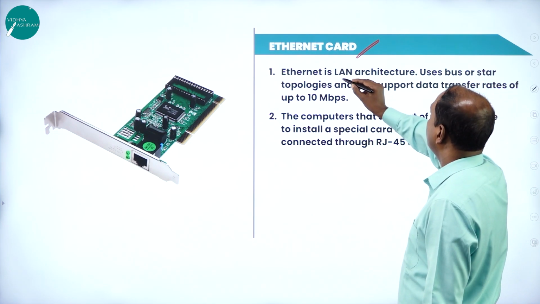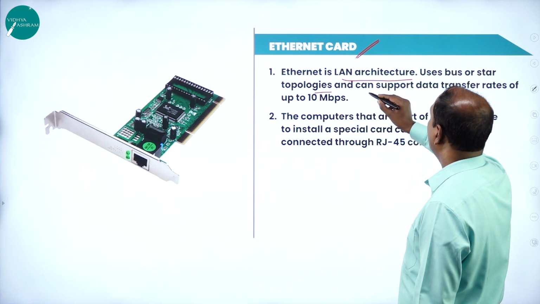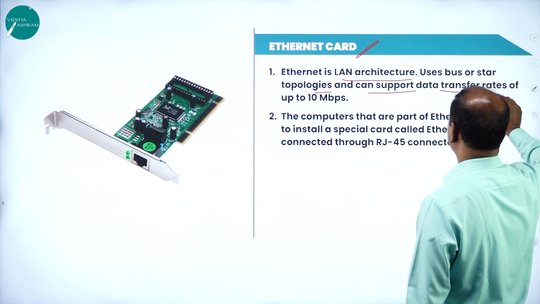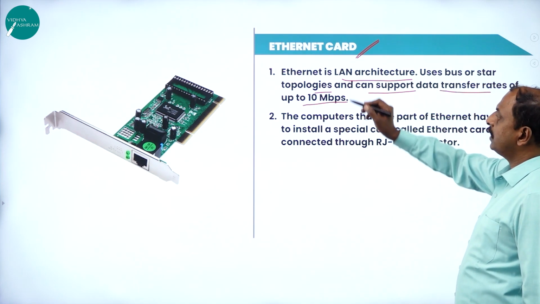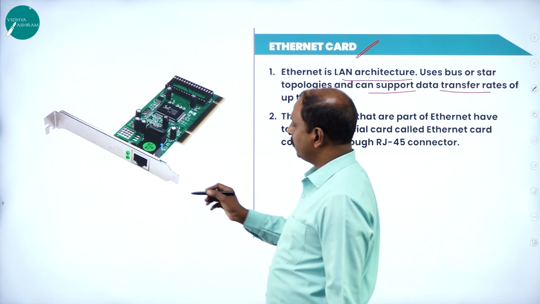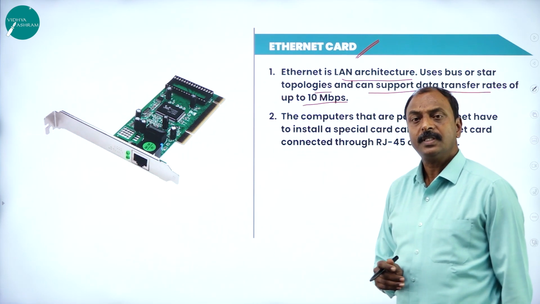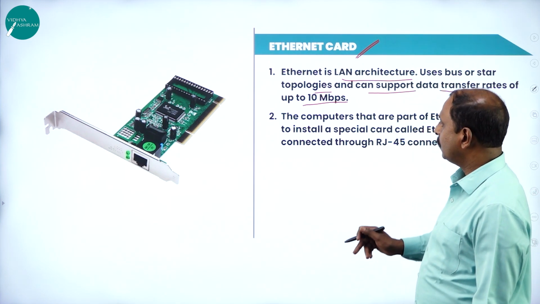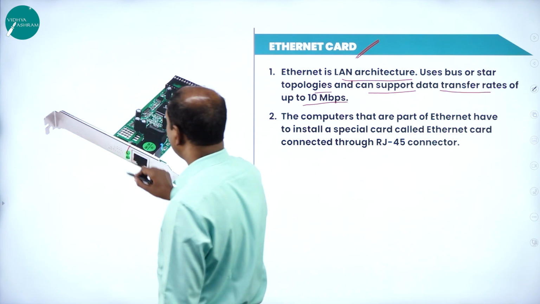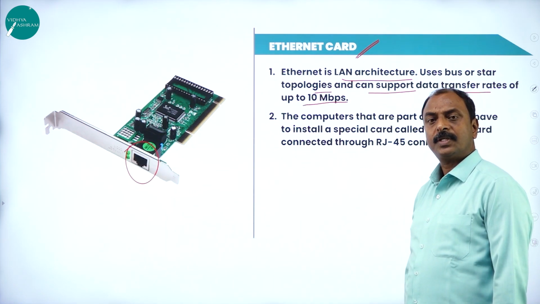It is a LAN architecture that uses bus or star topologies and can support data transfer rates up to 10 Mbps. You can see the picture of the Ethernet card. This is an important device in your CPU for networking. Here you can see the port, where we connect our networking cables.